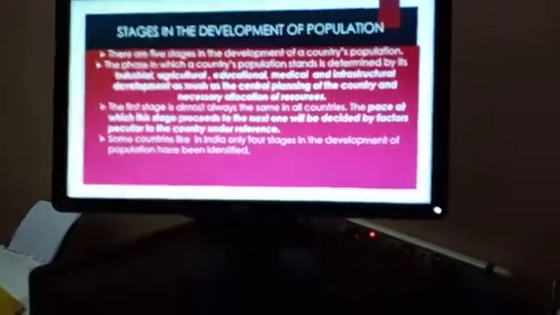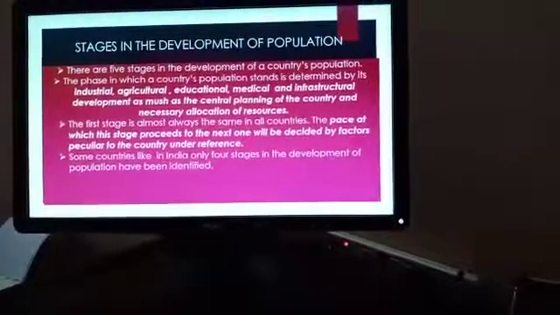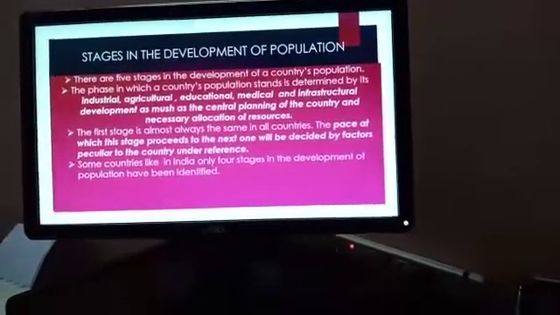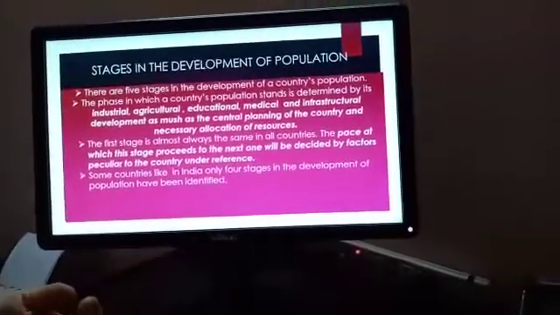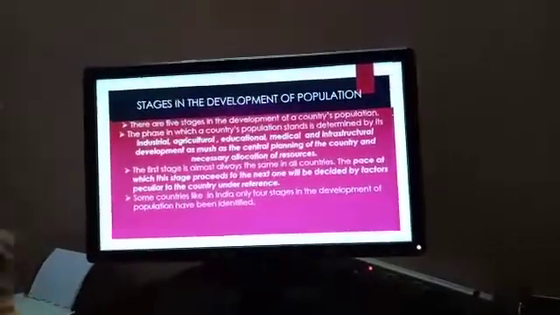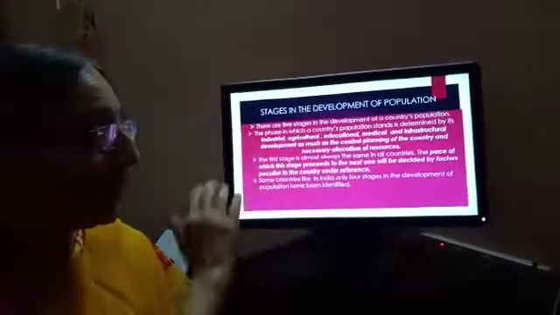That means whether a country is in the first stage, or moving from the first stage to the second, second to the next, will depend upon the development of the country and how much government intervention there is to bring about development and set in equilibrium the population dynamics. I'll again come and explain that in my subsequent slides.